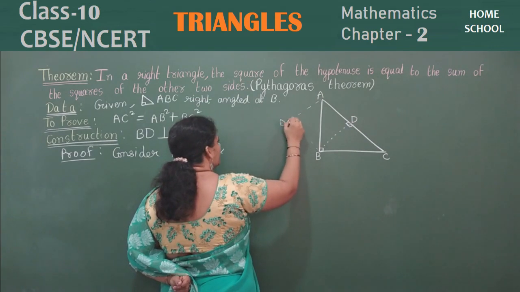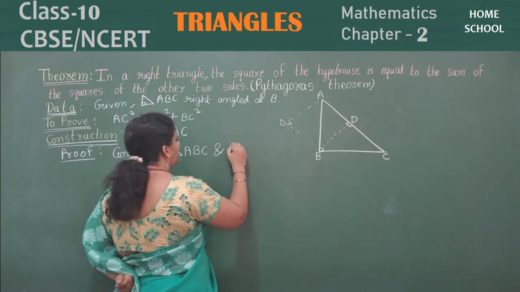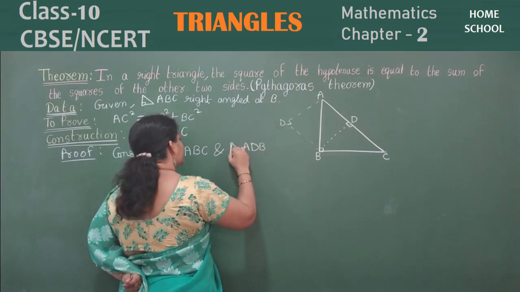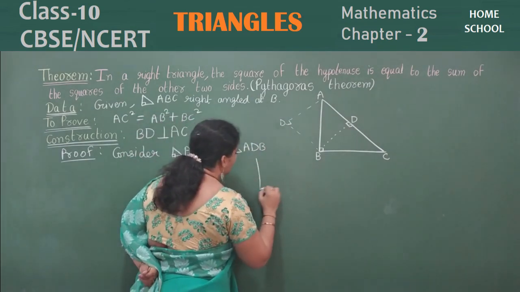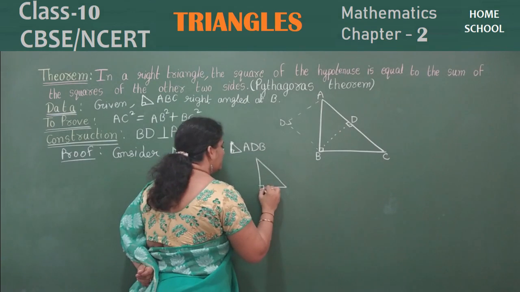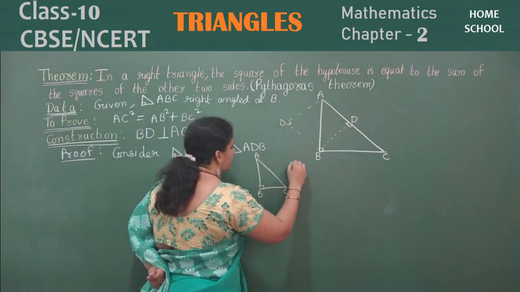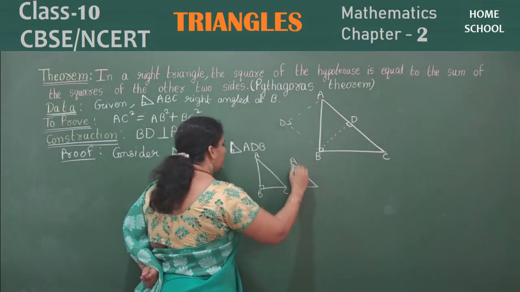D is here. So try to place side by side. That makes right triangle ADB. This is right angled triangle ADB. So let me draw the figure here. ABC, big triangle, and one more small triangle ADB.